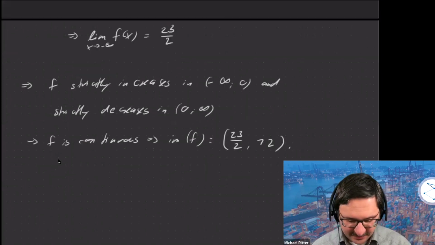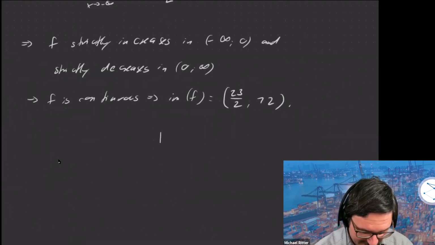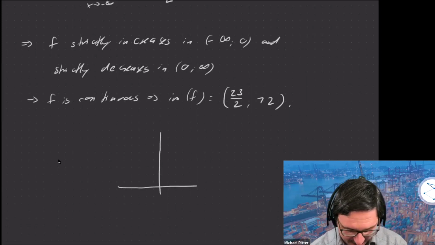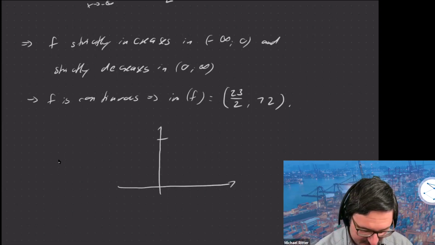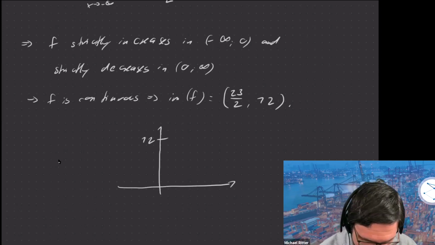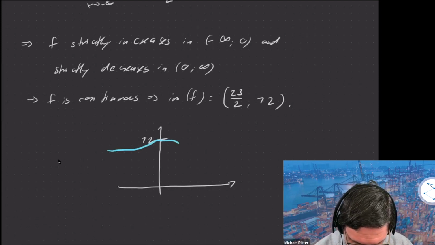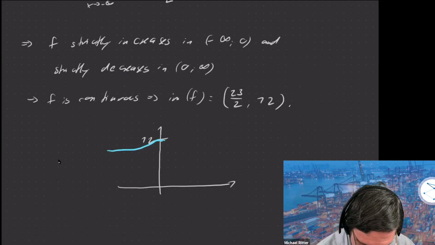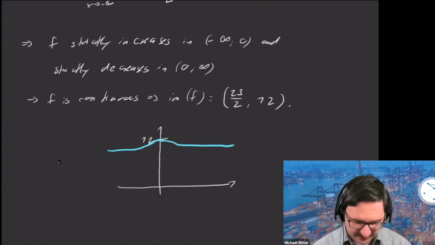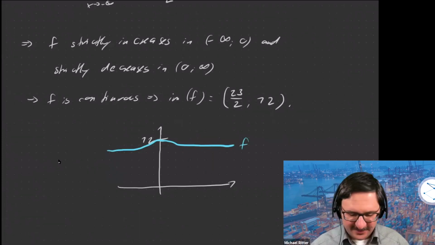So basically, just as a qualitative sketch, here's 12. What that thing looks like is something like this. It's not very good, but that is roughly the function f.